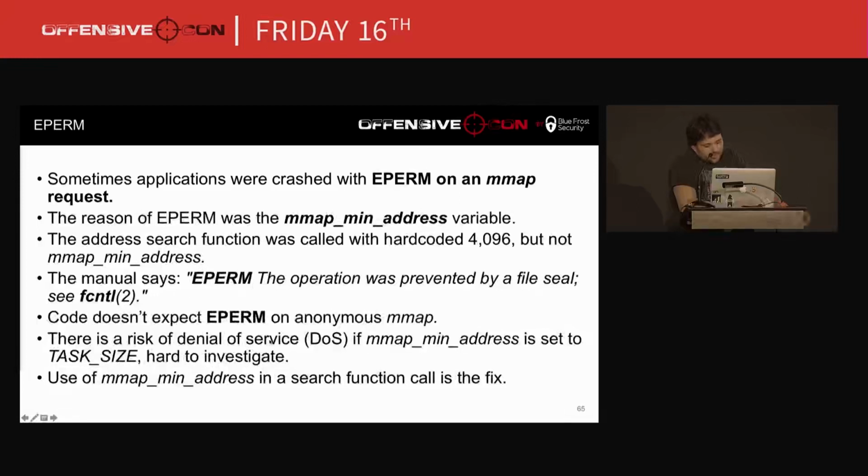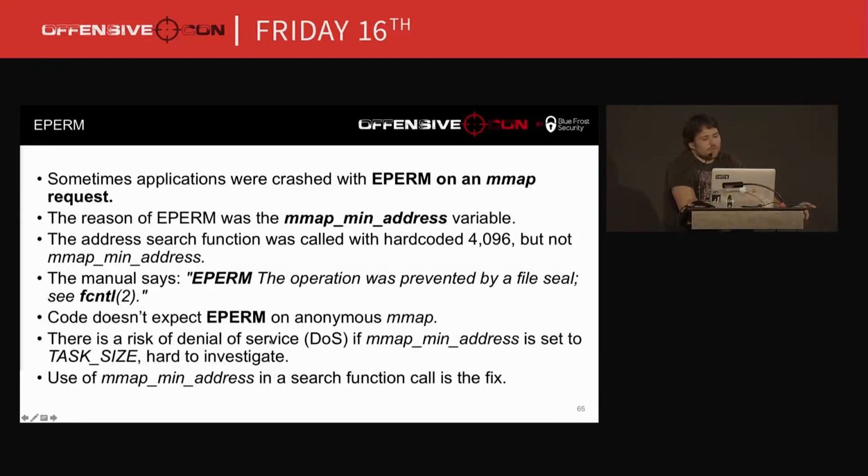This is a system configuration variable. You can change it as administrator via sysctl, and it does the following. It has a hook that checks on any map request that you cannot allocate less than this value, because it's prohibited by the system.